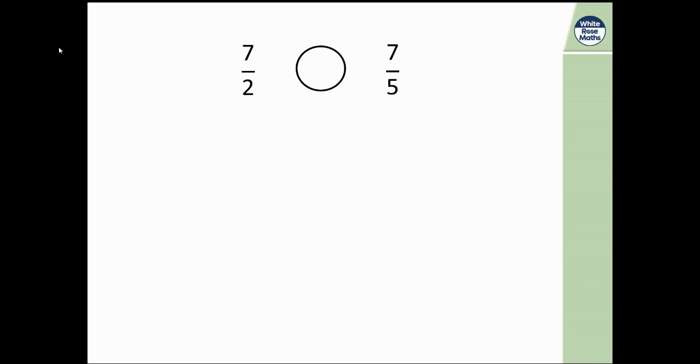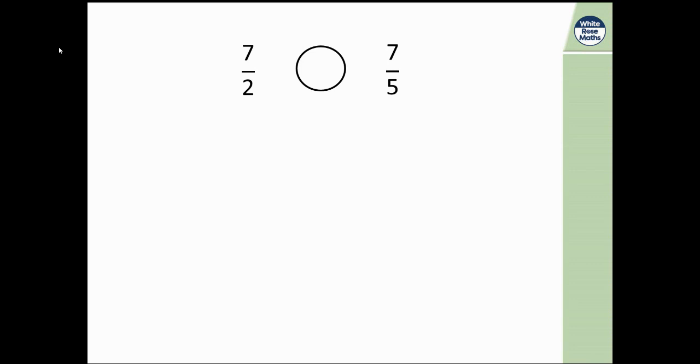So it's 3 and 1 half. Okay, that is our answer. Now we've got 7 fifths. How many 5s are in 7? 1. So that's 1 whole and 2 fifths. So the first one was 3 and 1 half. The second one is 1 and 2 fifths.